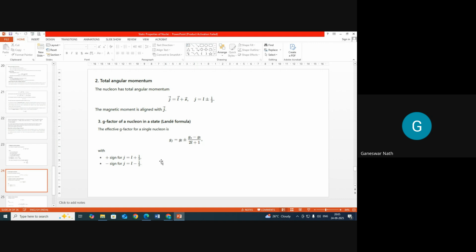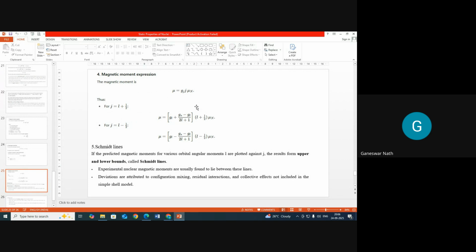This is for derivation, so just remember it, because it may come as a short or long question. The plus sign is for J = L + 1/2 and the minus sign is for J = L - 1/2. The magnetic moment expression is given by mu = gj J mu n, and for J = L + 1/2 we just add this value.